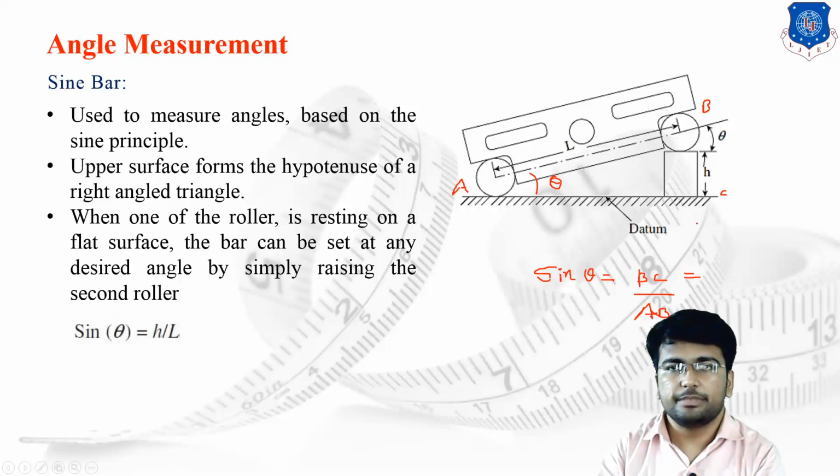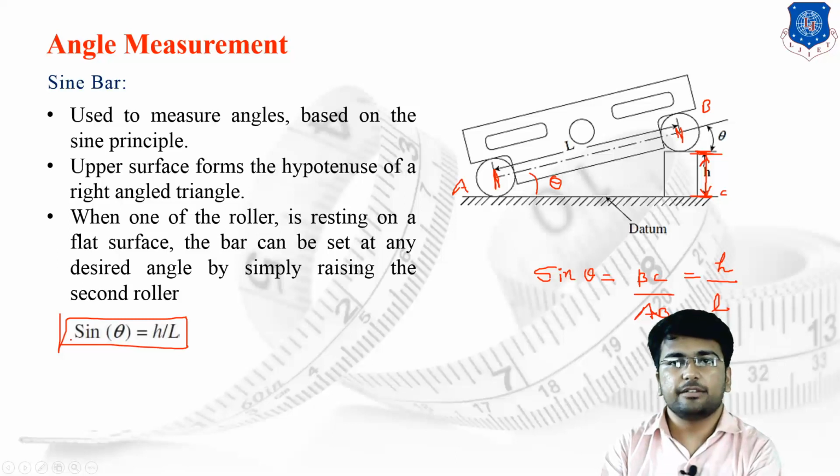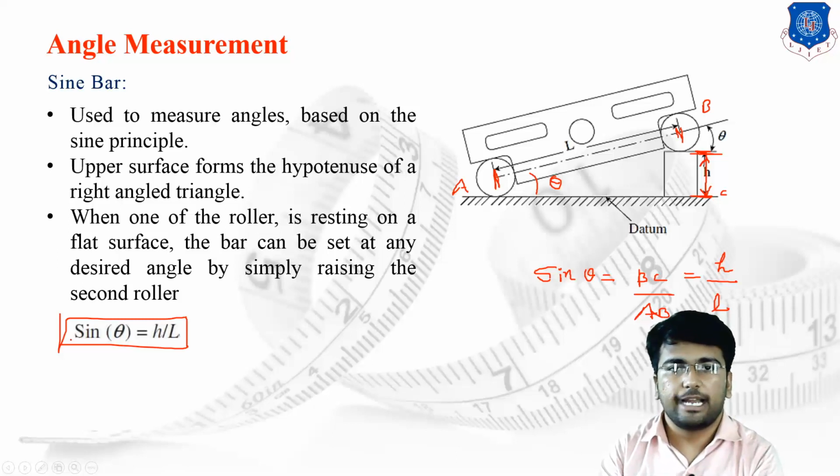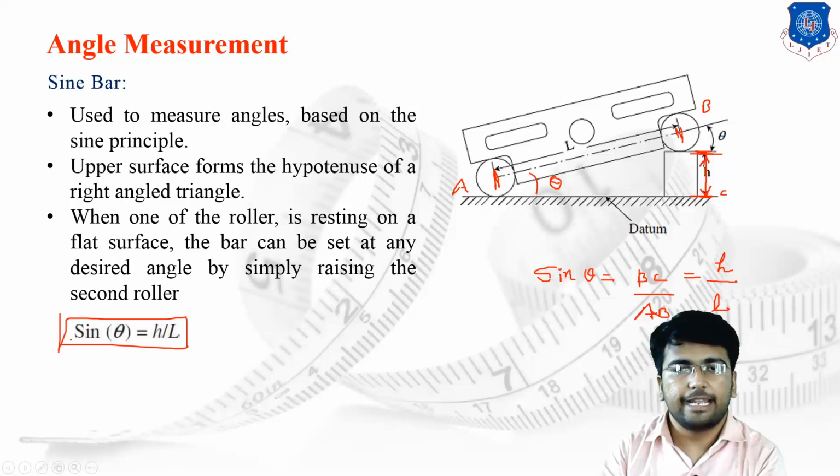Here BC means the total linear distance between B and C, that is H, upon the total linear distance between A and B, that is the length of the sine bar, we can say L. So sine theta is equal to H by L, where H is the height raised for the second roller, and L is the length of the sine bar.